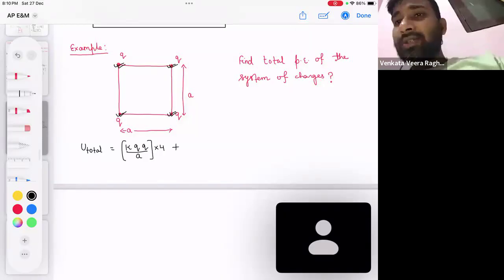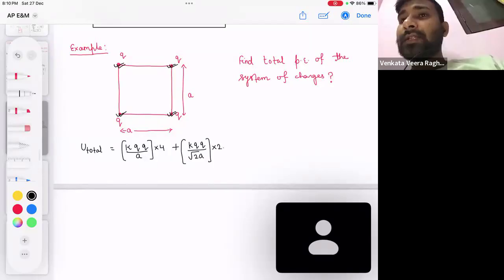Next, there is kQ1Q2 by root 2 a. Diagonally opposite charged particles are also interacting, isn't it? And there are going to be two pairs like that.